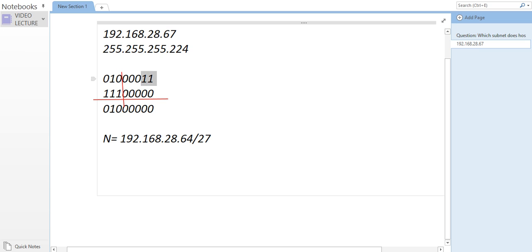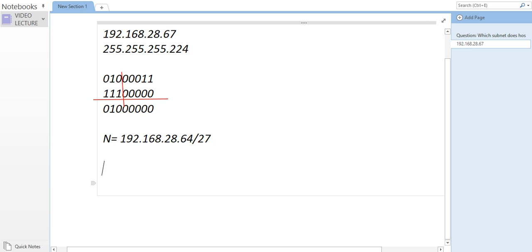What is the sum of those 5 bits remaining? These 5 bits remaining here are 16, 8, 4, 2 and 1. That gives you 31. This 31 that you have here is what you're going to add to the 64. 31 plus 64 would give you your exact answer.